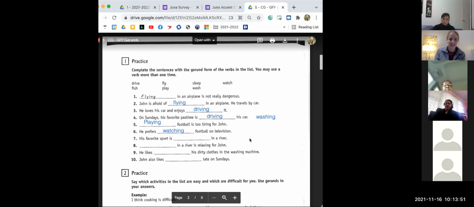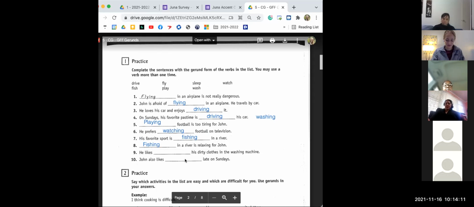Okay. Number 7, his favorite sport is fishing in the river. Very good. Number 8, fishing in the river is relaxing for John.